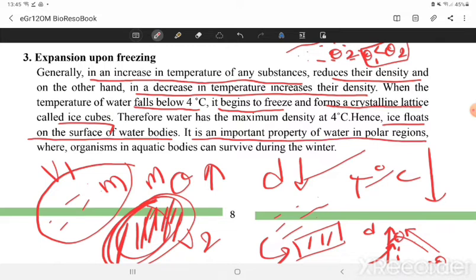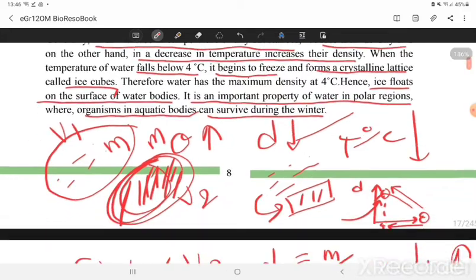Because there, organisms in aquatic bodies can survive during the winter. During the winter, huge ice columns form, but they float on water. Though the ice is formed on top of water, underneath, fish and seals can live.